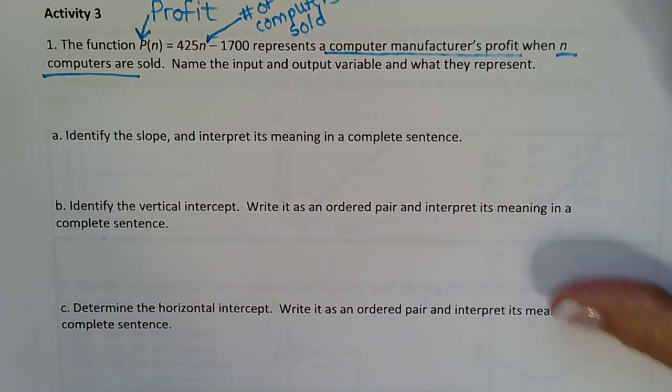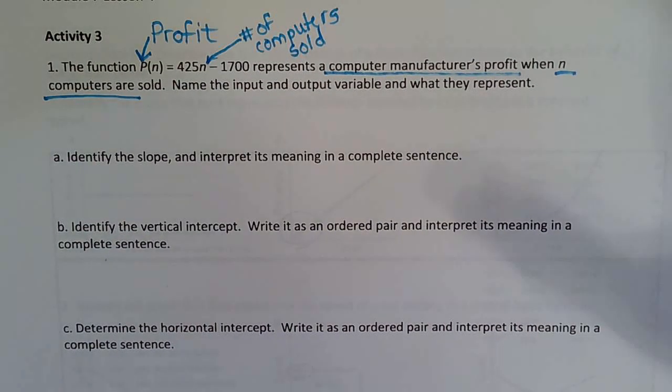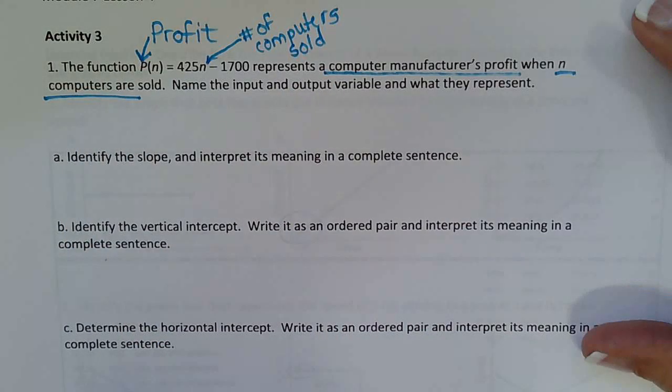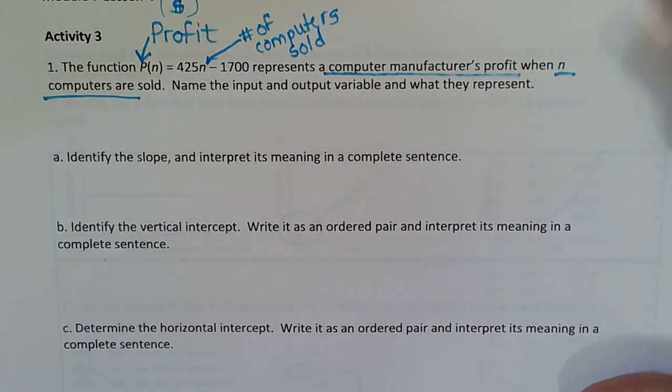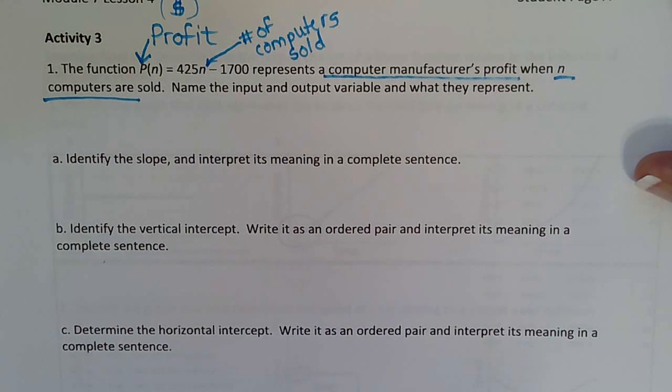So the more descriptive, the more things I write, the easier it makes the problem. Then I don't have to keep going back up and reading it. I have it all right there. And obviously the profit will be in dollars, so that's our label there. And then N is the number of computers sold. Name the input and output and what they represent.